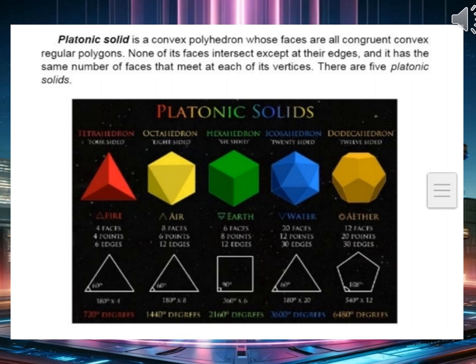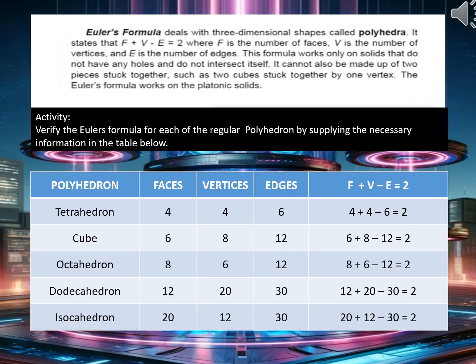There are 5 platonic solids. We have tetrahedron, octahedron, hexahedron, icosahedron, and dodecahedron.